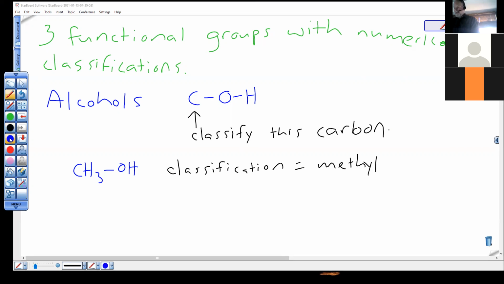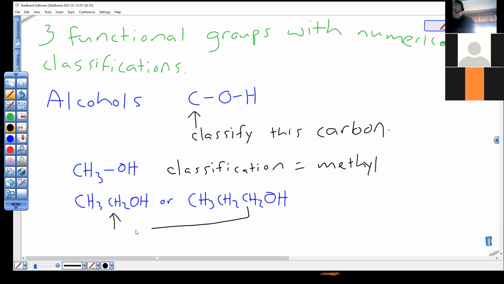And if you have another one like this one, CH3, CH2OH, or even a little longer, CH3, CH2, CH2OH. This carbon and this carbon are the ones you use for classification.